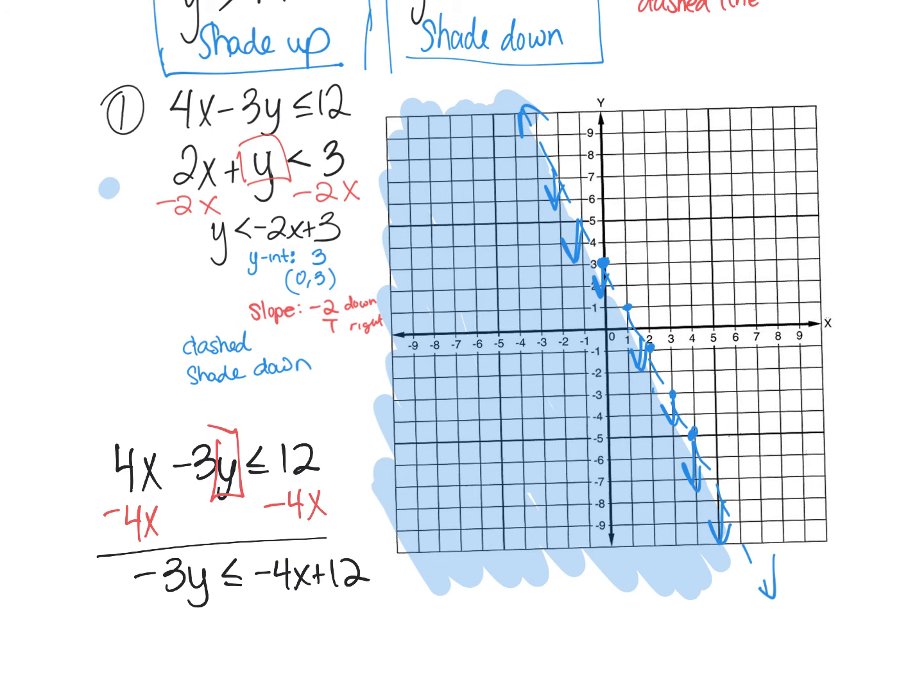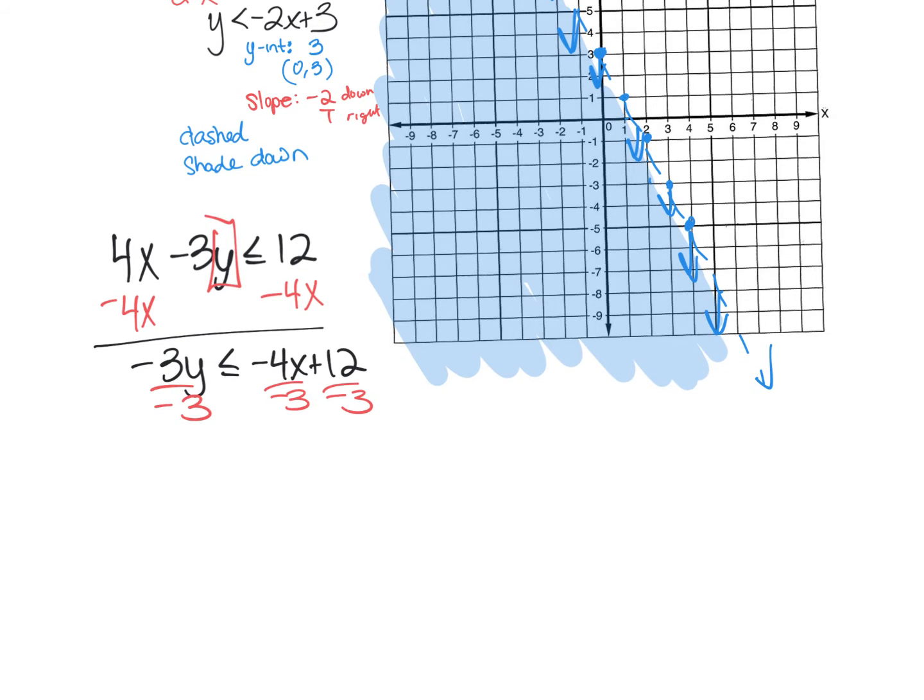And then we get y by itself by dividing by negative 3. And what has to happen when I divide an inequality by a negative? The sign changes. So it goes from less than or equal to greater than or equal to. And that's a positive 4/3 x minus 4.